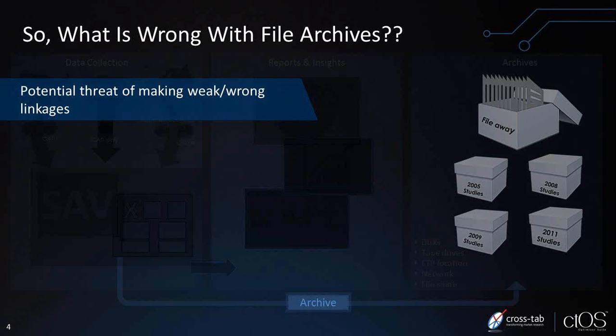Obviously, the first reason being there is a big threat of making wrong or weak linkages between data. So we are storing data as files and not as information. Obviously, it is not in a ready-to-report format, so it is just sitting on a file archive and really not in a format that can be easily accessible.